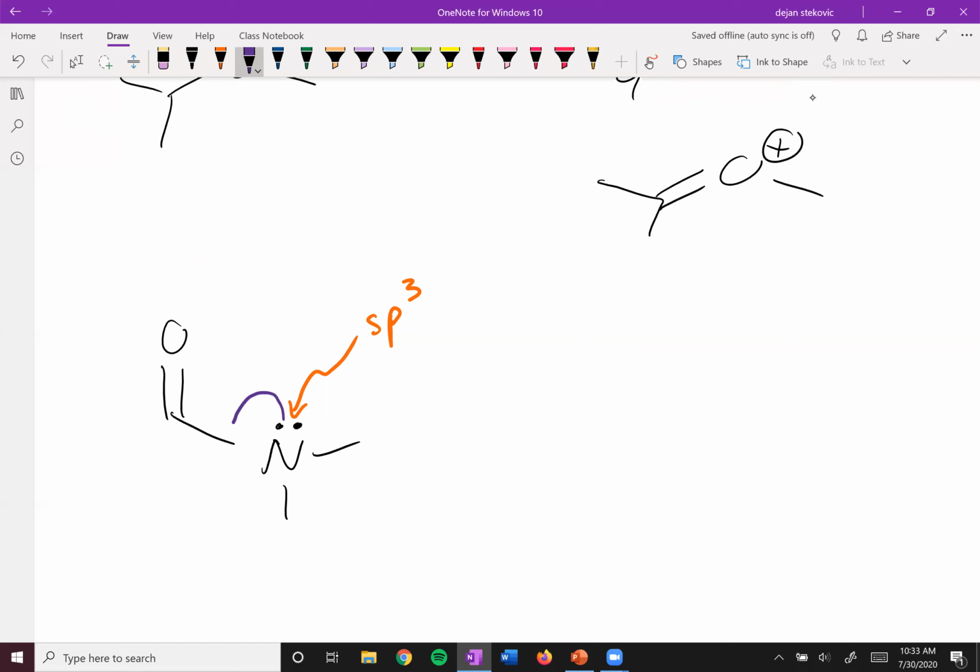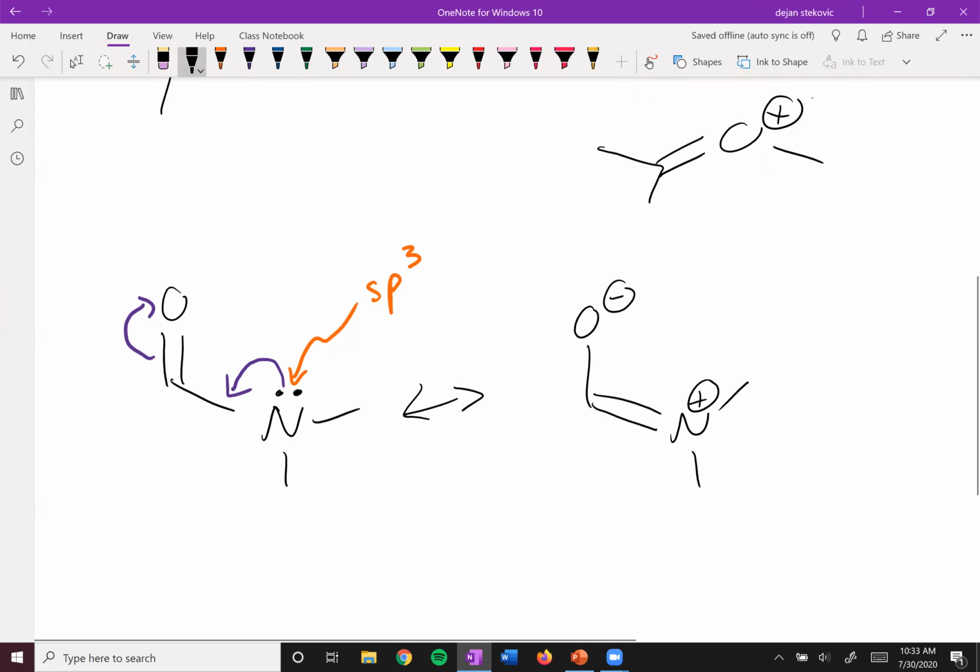We could move this lone pair over here, right? This is a lone pair next to a double bond. Kick the pi electrons up here. And then we'd end up with this structure.